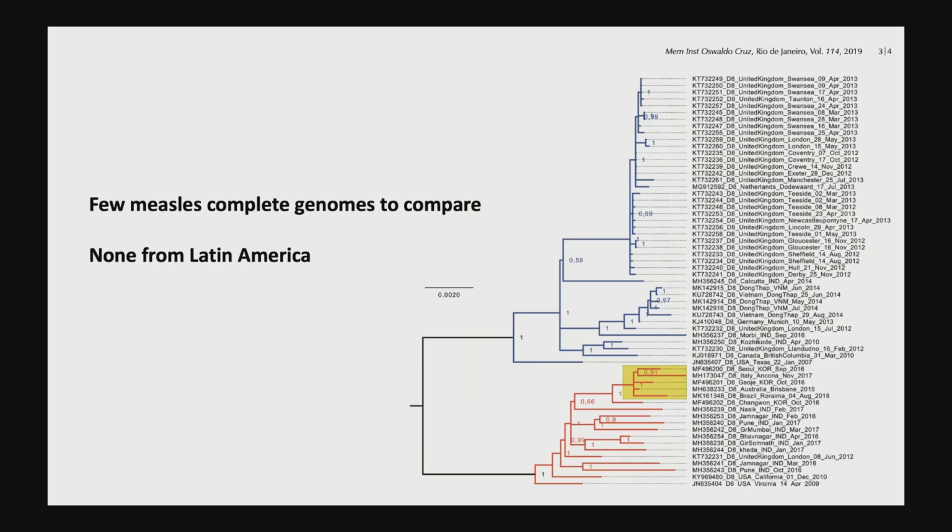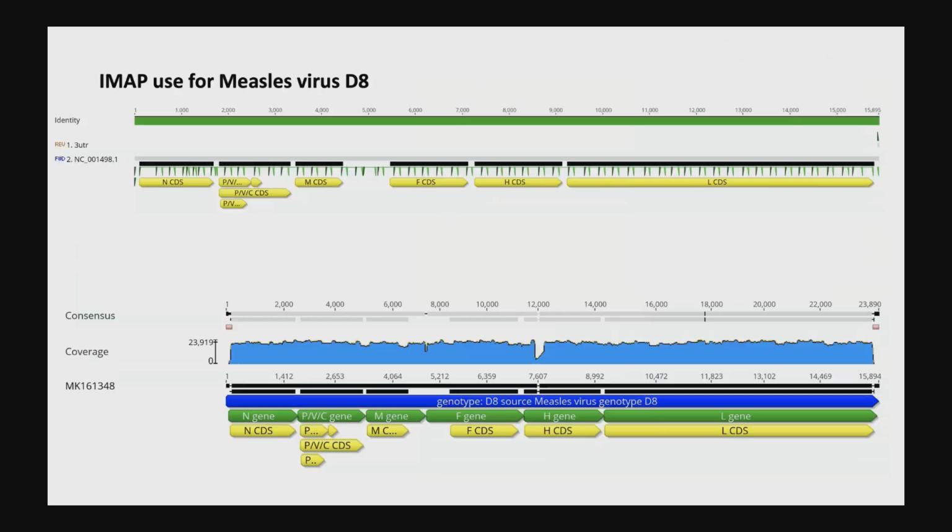At the time that we used this, we had just a few completed measles genomes to compare, and none from Latin America. And then I thought that for measles we should use IMAP to sequence it, to improve surveillance for this very important virus.